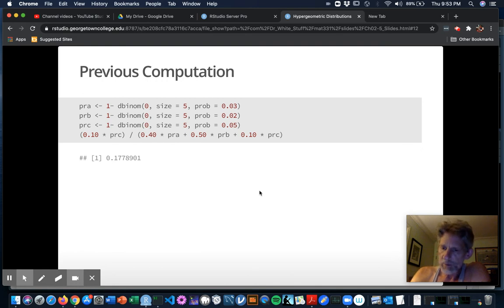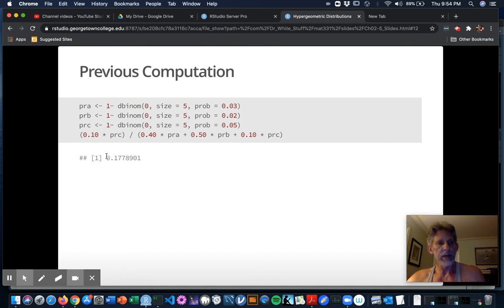And so, making those assumptions about the shipments from the 3 companies, you can do the same basic work as before. The probability of rejecting, given that the shipment comes from company A, is the probability of 1 or more bad. That's 1 minus the probability of no bad. But we're not going to do dbinom. We're going to do something else.